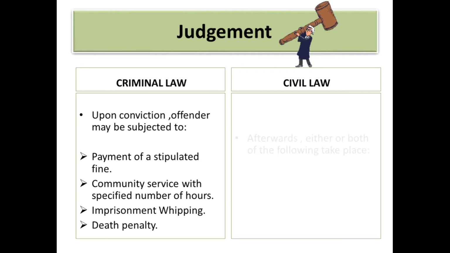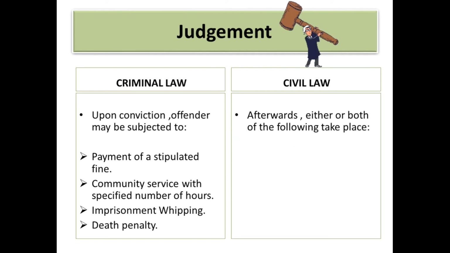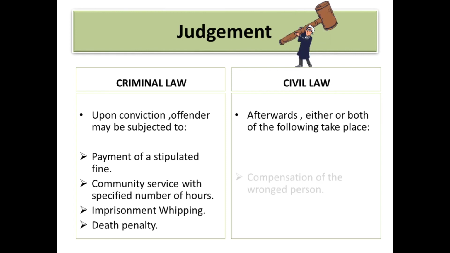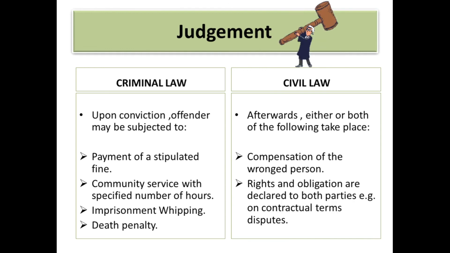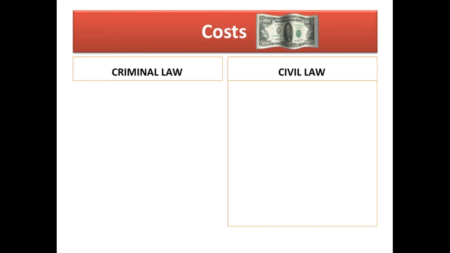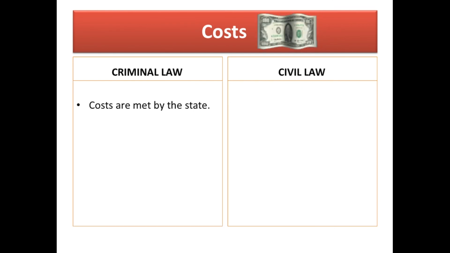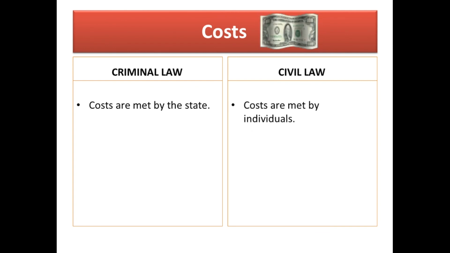In civil law, afterwards, either or both of the following take place: compensation of the wronged person. Rights and obligations are declared to both parties, for instance, on contractual terms disputes or child custody. Lastly, who covers the costs in cases? In criminal law, costs are made by the state, while in civil law, costs are made by individuals.